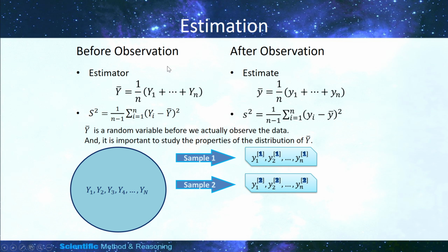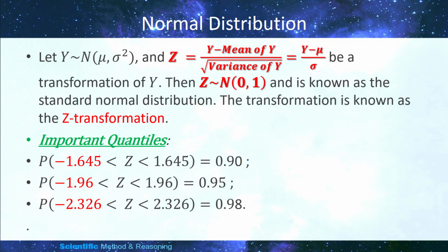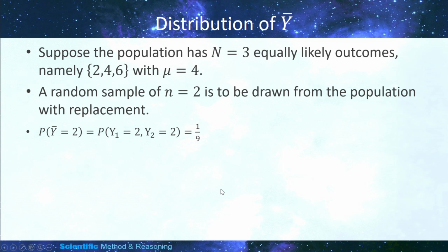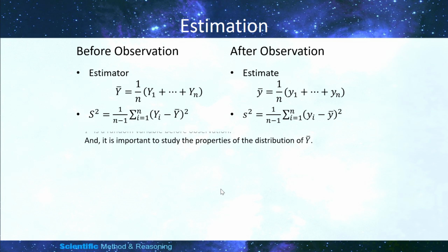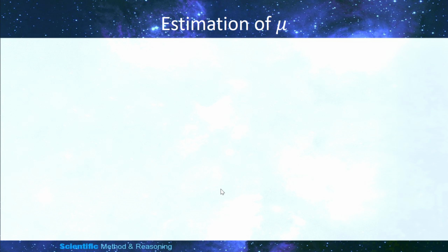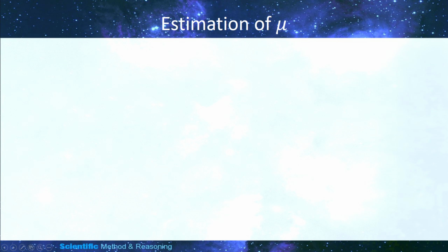From earlier slides, we know that with probability 0.95 based on a standard normal random variable, we have minus 1.96 and 1.96. So going back to where we stopped, with probability content 0.95, this part is just minus 1.96 and this part is just 1.96.